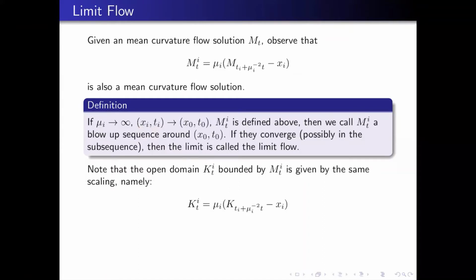Suppose that the sequence of M_t^i converges, possibly in a subsequence, then the limit is called the limit flow. Of course, we can define the same dilation for K_t^i, which is the open domain bounded by M_t^i. And the formula, of course, is given by this.